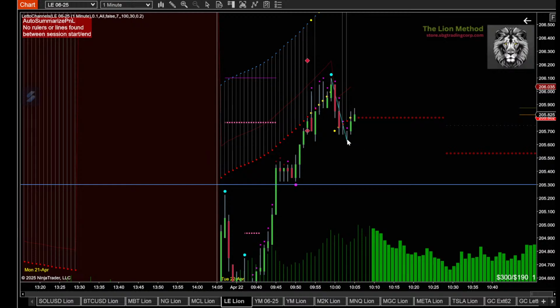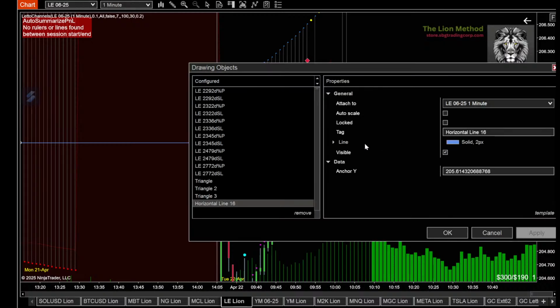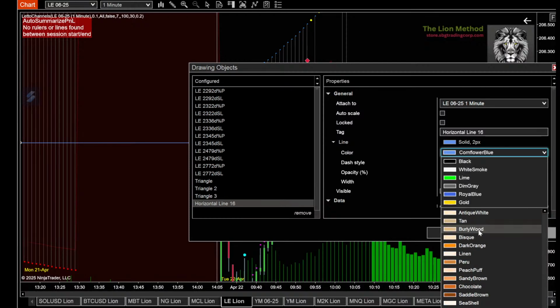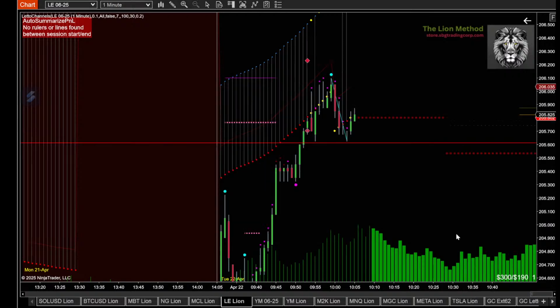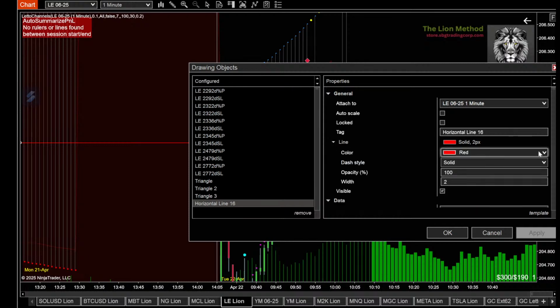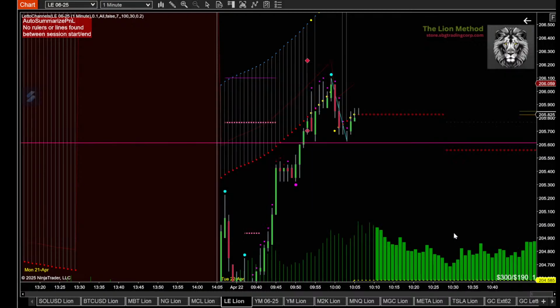This is probably going to be a fib dot here. I'm going to move it preemptively up to that level. So this would be a short. Let's make it magenta. Where are you hiding, magenta? How about deep pink? All right, deep pink line.